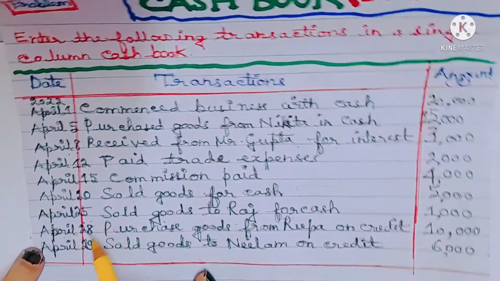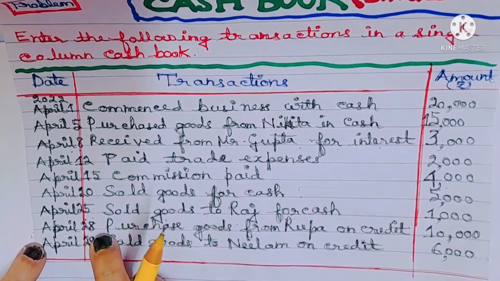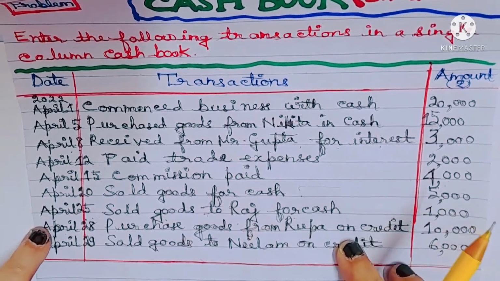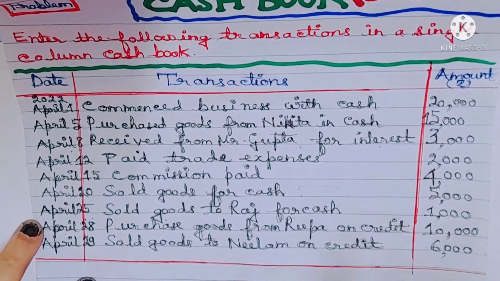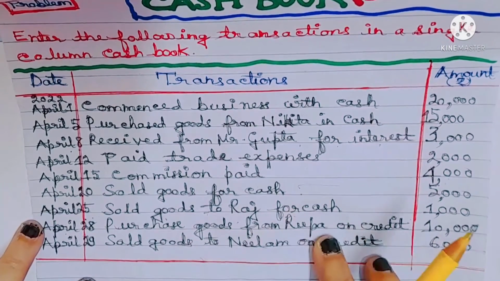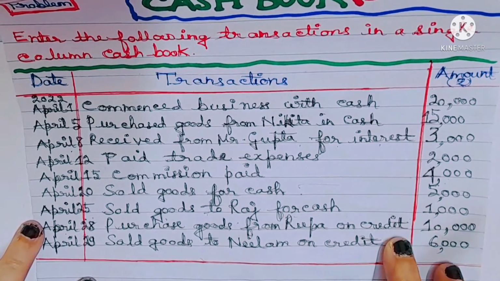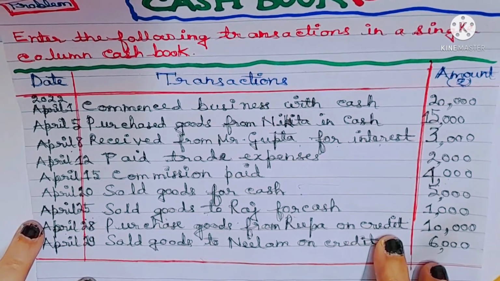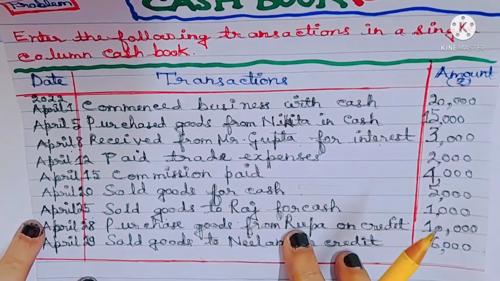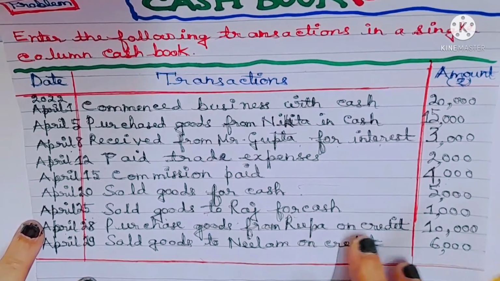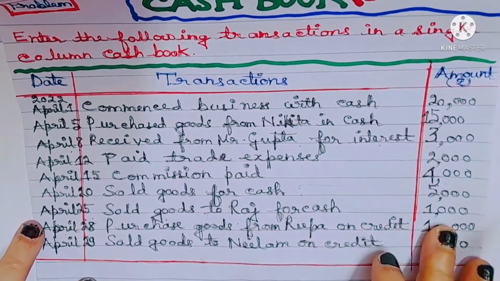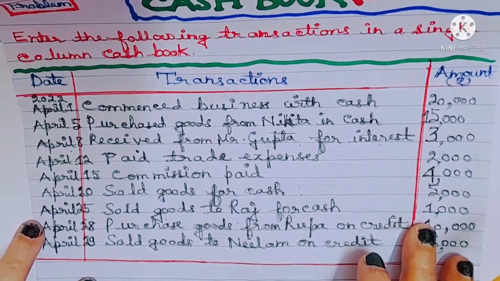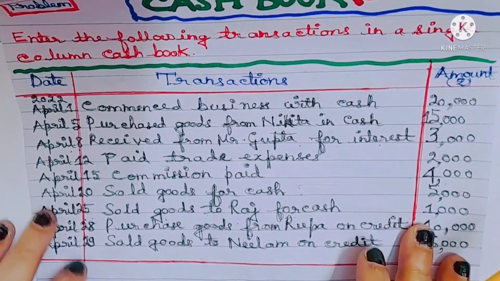So the next transaction is on 20th April, purchased goods from Rupa on credit 10,000. Cash book does not record credit transactions. Cash book only records cash transactions. So this transaction will not appear in the cash book. Instead, we'll have to write a short note below the cash book.